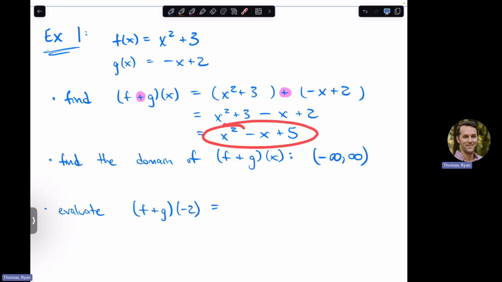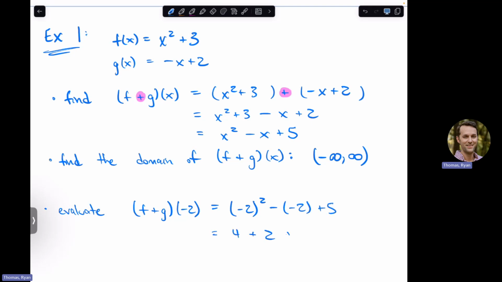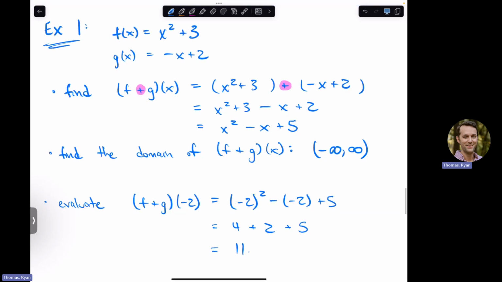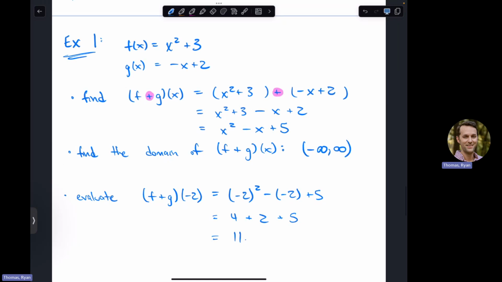We have found f plus g as a single function, so I can just plug -2 into that and get 11. There you go.